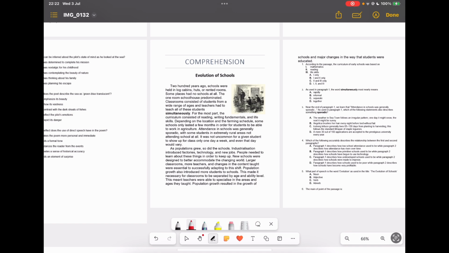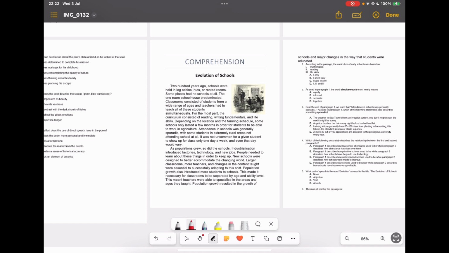Attendance in schools was generally sporadic, with some students in extremely rural areas not attending school at all. It was not uncommon for a given student to show up for classes only one day a week, and even that day would vary. As populations grew, so did the schools.